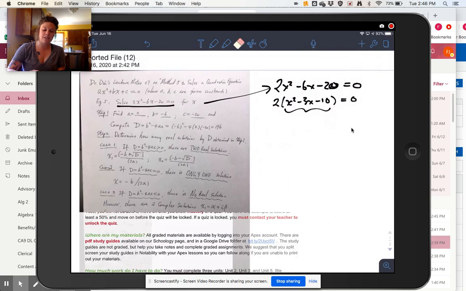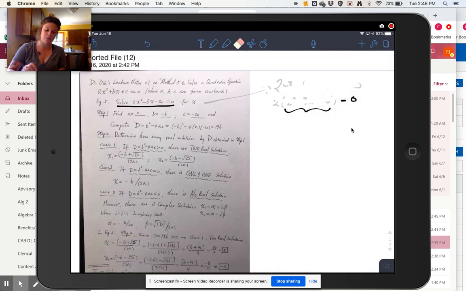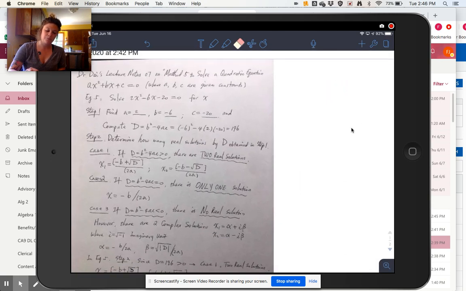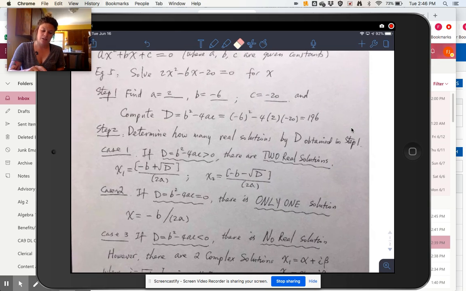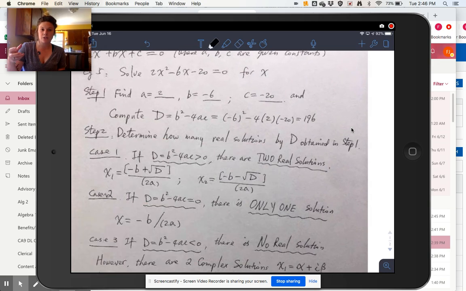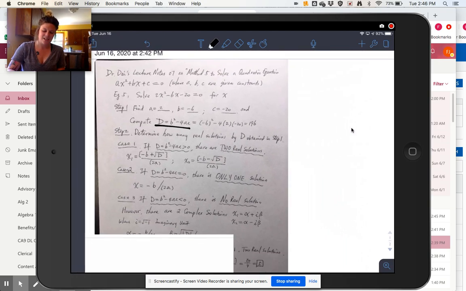So what he's saying here, I think you said it was a he, was that before you even start trying to solve a quadratic equation, what we're going to do is look at what's called the discriminant. And yeah, it sounds like the word discriminate because it helps you determine what type of a quadratic it is. So you're basically discriminating against quadratics.